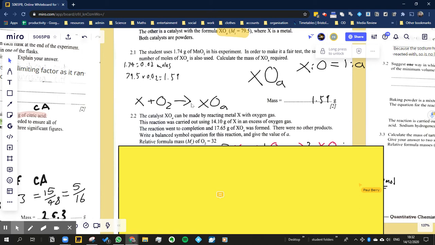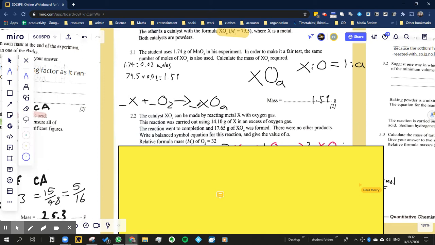This is quite a tricky question, but what we worked out eventually was this. We don't know how this equation is balanced, which is part of what the question's asking us to do. It could have one lot of X, two lots of oxygen, and we don't know.